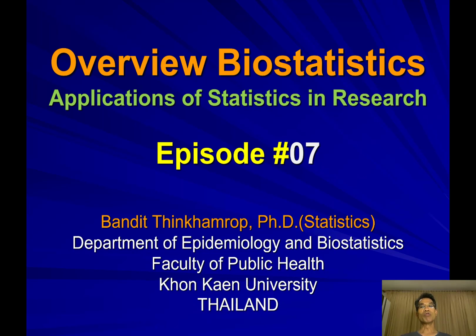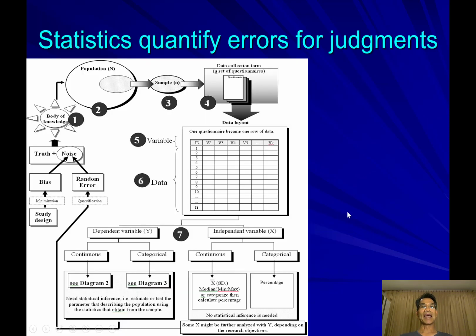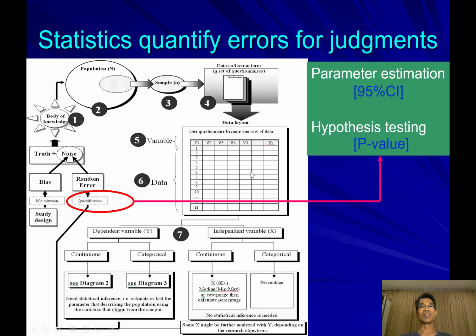This episode of Overview Biostatistics will bring you a closer look at the statistical concepts. In the previous slide I emphasized that we need to quantify what was found in the sample to what would be found in the populations, which is called statistical inference.